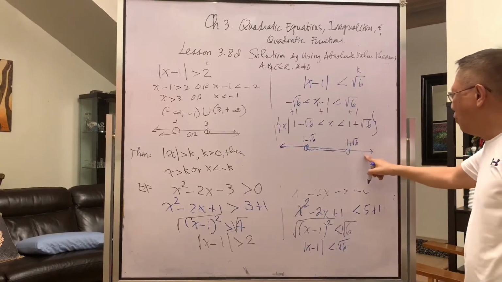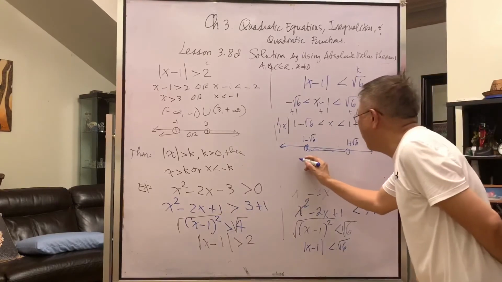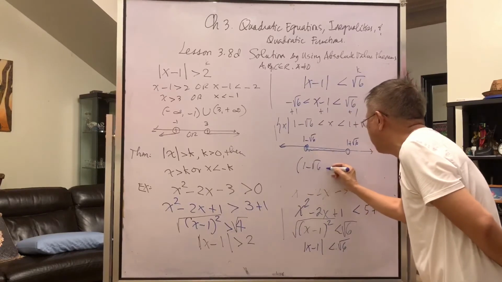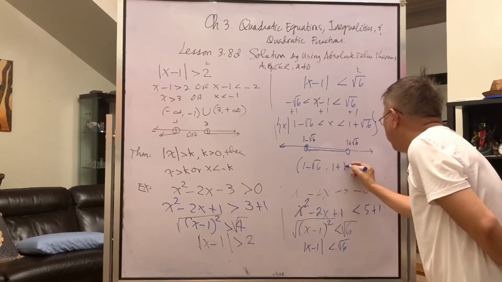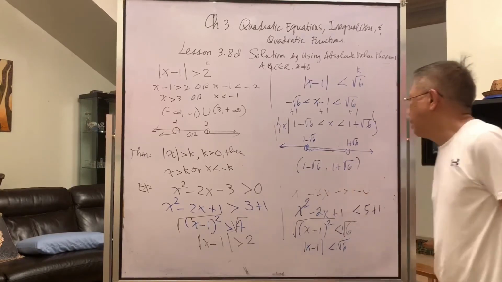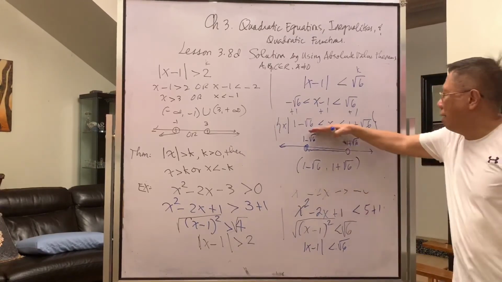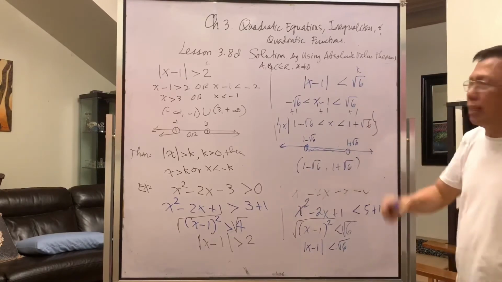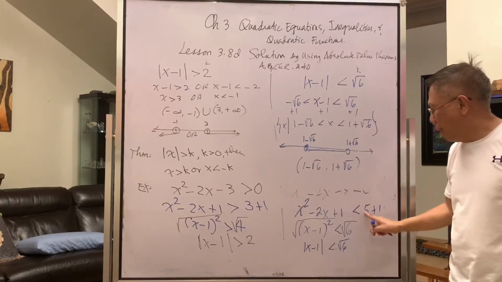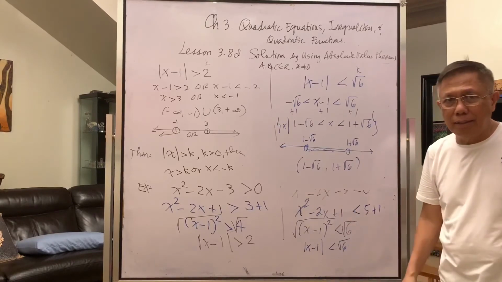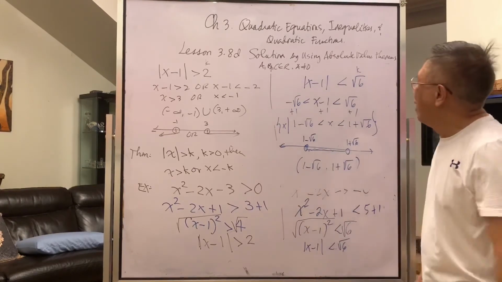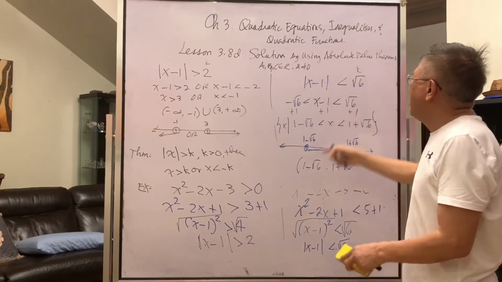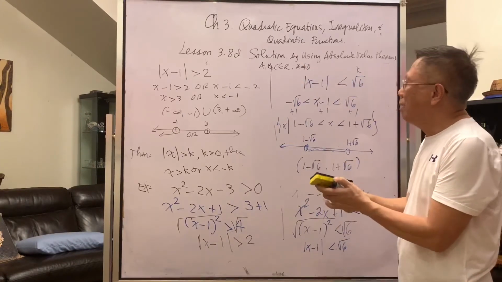This is the graphical form, and I can have my interval form as open at 1 minus the square root of 6, and then open at 1 plus square root of 6. So these are equivalent ways of writing the solution set of this inequality. That's the solution by using the absolute value theorem.